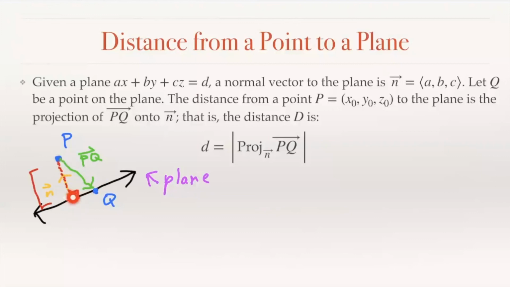But when we take the magnitude, that doesn't matter. So that guy is the projection of PQ onto n, in magnitude.